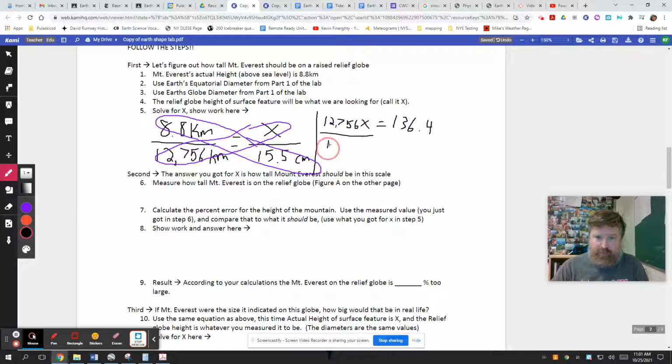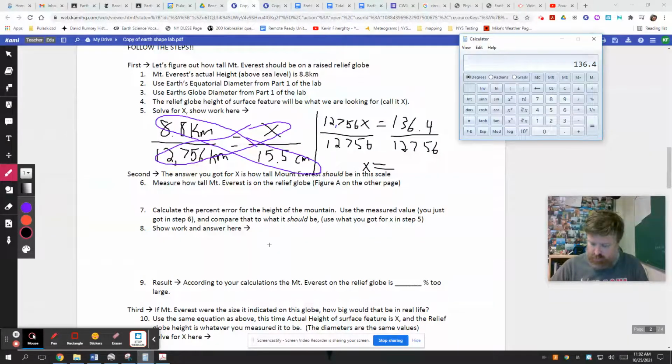And then we will divide by 12,756 to cancel that out on both sides. And the height of Mount Everest, then, what it should be if this were a scale model, is 136.4. Sticky keyboard, that's not good.